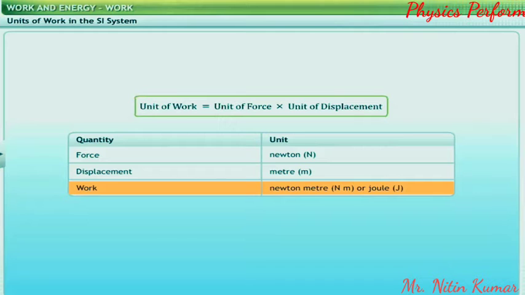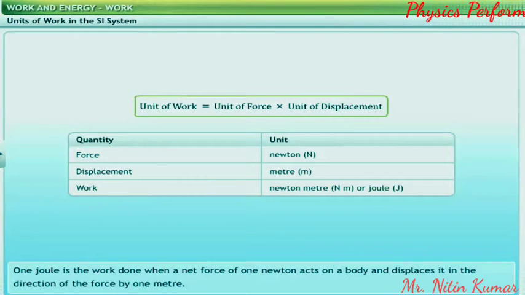In the honor of scientist James Prescott Joule, 1 Newton meter is referred to as joule, denoted by the letter J. Thus, 1 joule is defined as the work done when the net force of 1 Newton acts on a body and displaces it in the direction of the force by 1 meter.